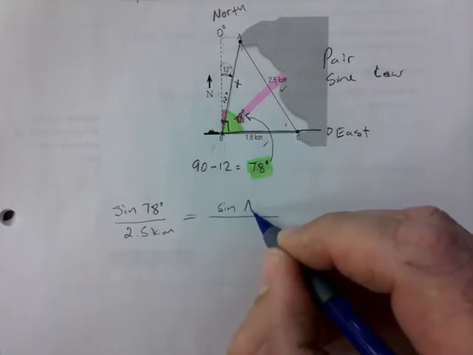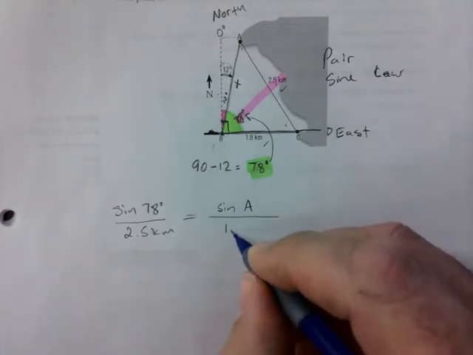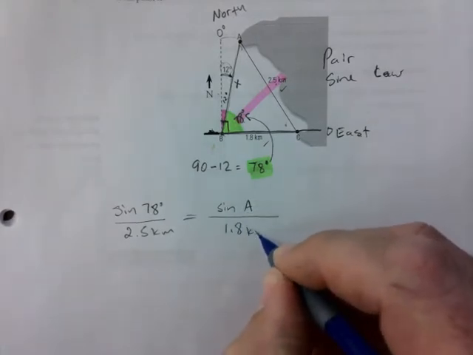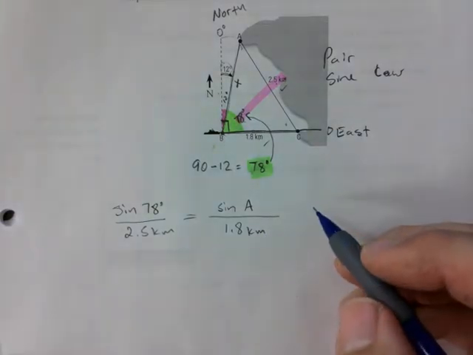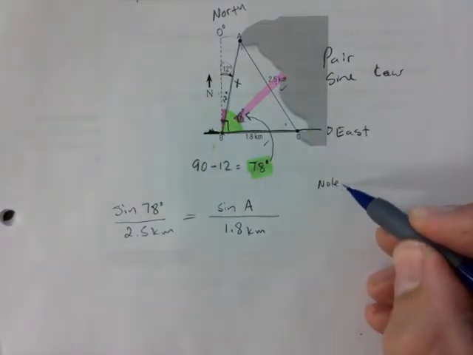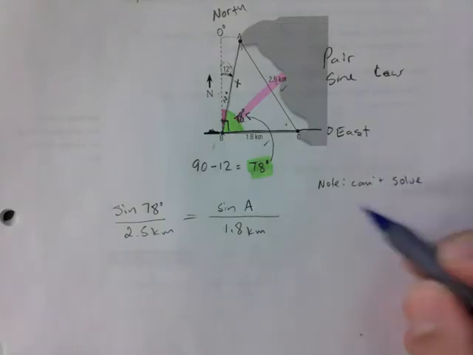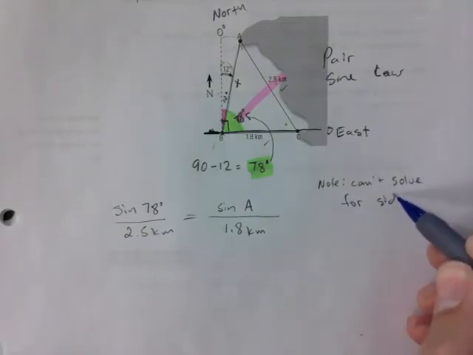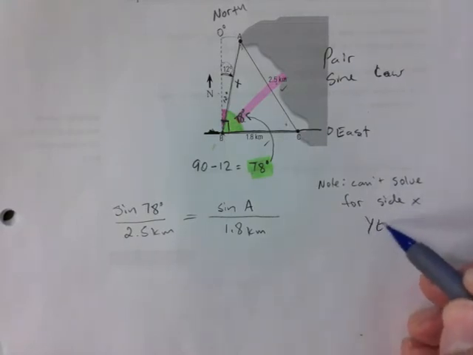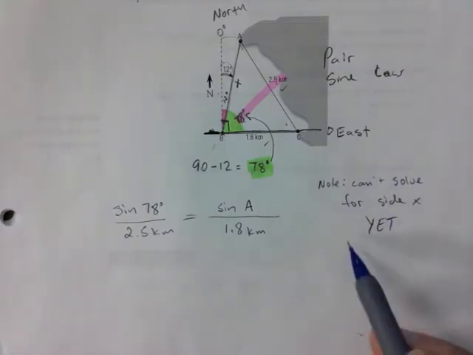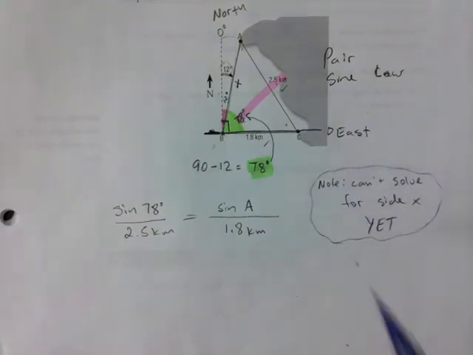So do that. Sine A over 1.8 kilometers. I will just put a note here. Note, can't solve for side X yet. You need to do something else.